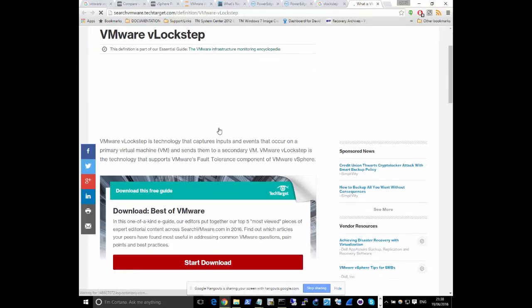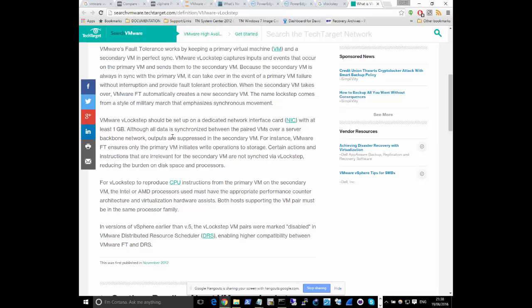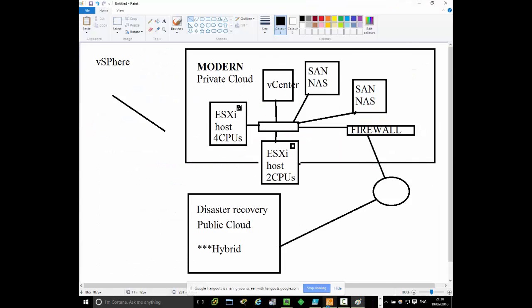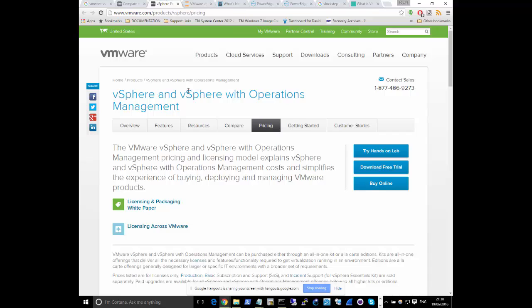So virtual machines are in communication with one another over vLockstep, and then if it detects that the other machine is not responding, it takes over and starts responding to that request. So that is the VMware fault tolerance one. Okay, so let's accelerate here because of time.